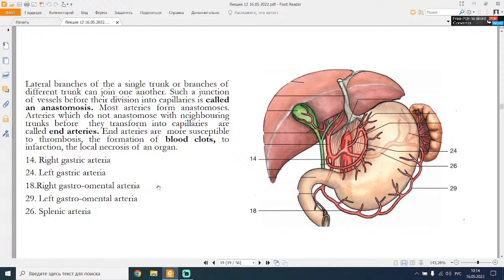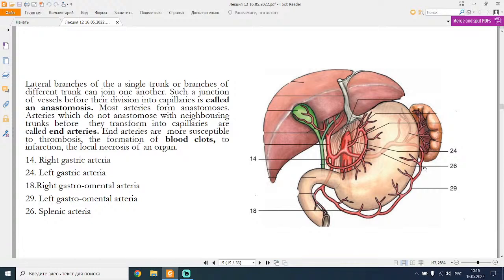Lateral branches of a single trunk or branches of different trunks can join one another. Such a junction of vessels before their division into capillaries is called an anastomosis. Most arteries form anastomoses.